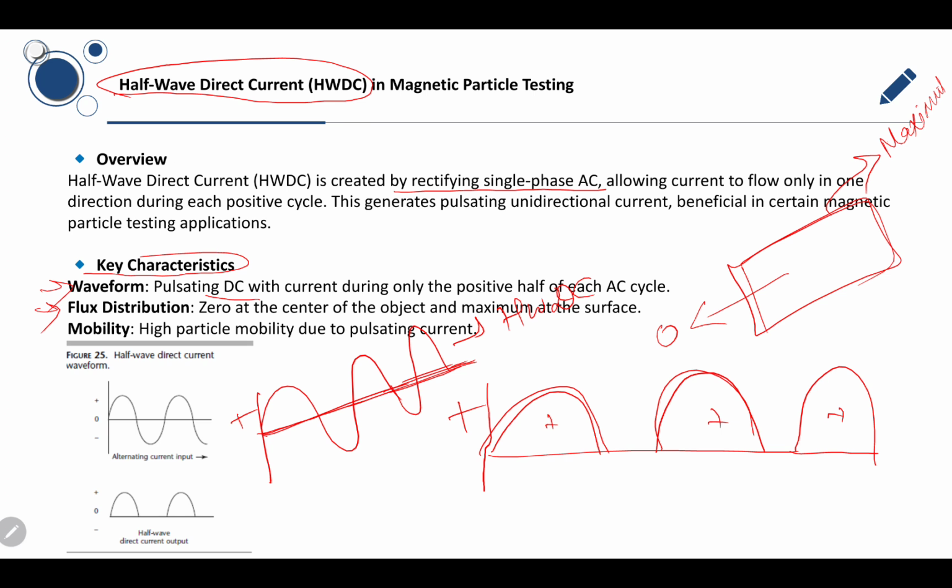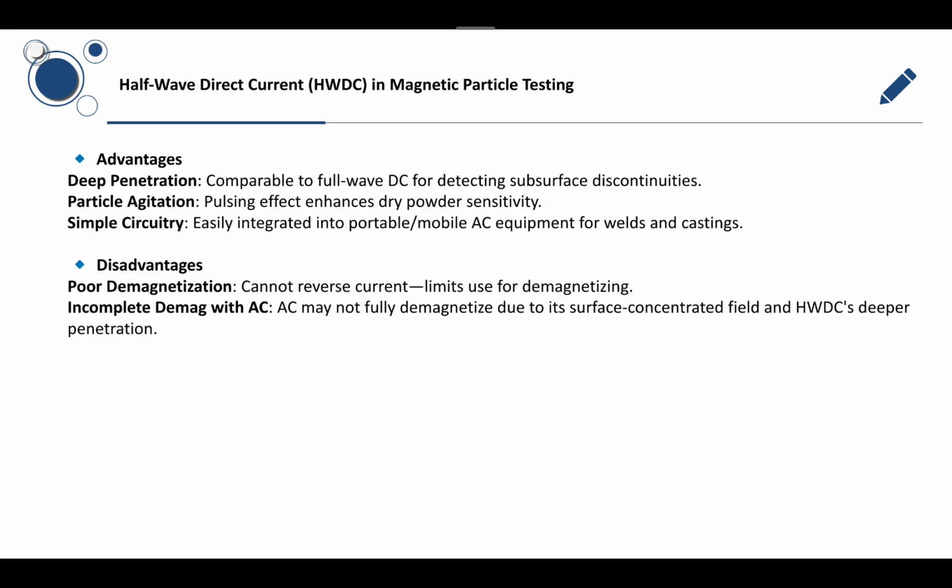While it's DC, the pulsating nature affects its distribution. Next one is mobility. The pulsating current leads to high particle mobility, meaning the magnetic particles can move more freely and align effectively. The next is advantages.